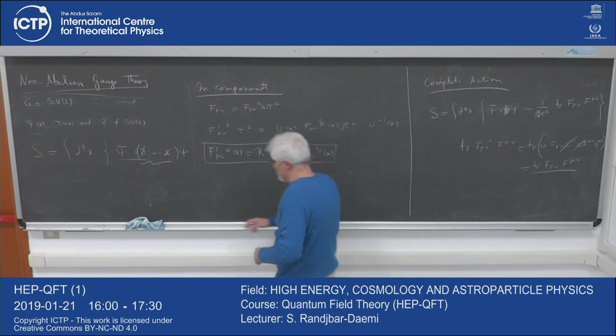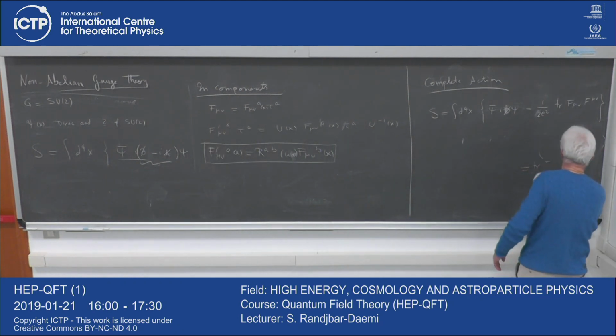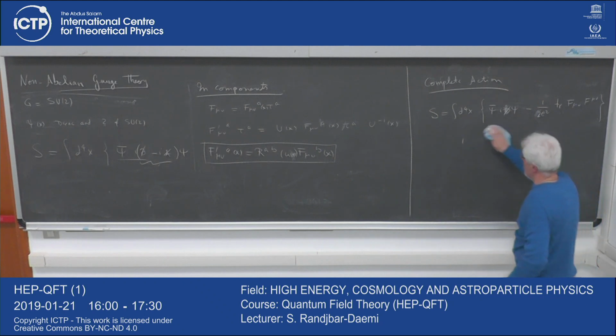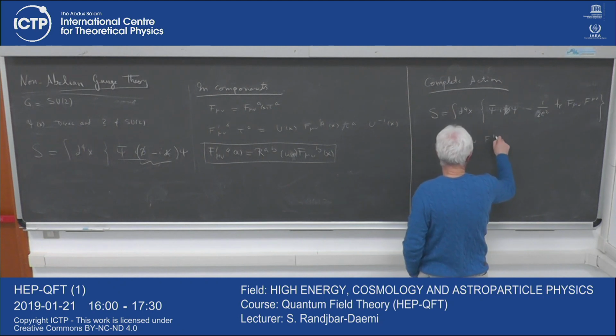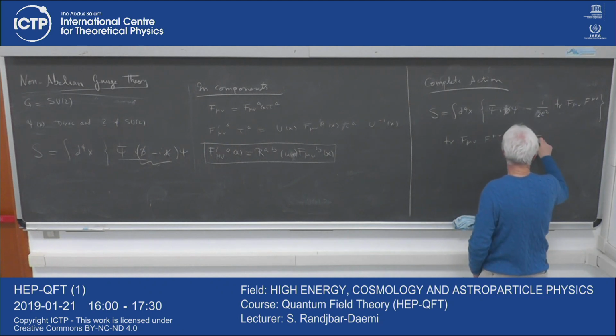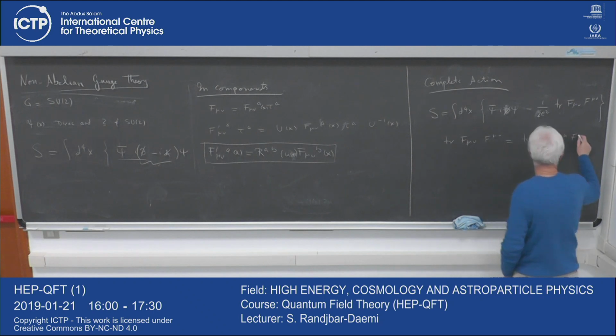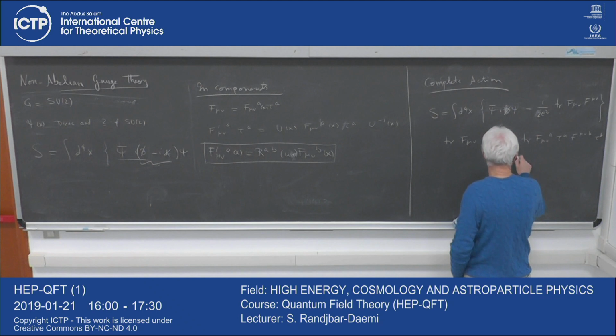If you want to write this in terms of components, let's erase this. The trace of F_{mu nu} F^{mu nu} is the trace of F_{mu nu}^A tau^A F^{mu nu B} tau^B.